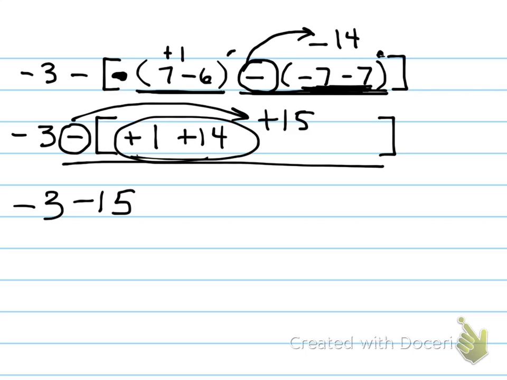And then now if we finish it up, are the signs the same or different? So I'll keep the sign and add them. So your completed answer, negative 18. As long as you keep the right operation, then these are a piece of cake. Okay. That's right. So we get cake.